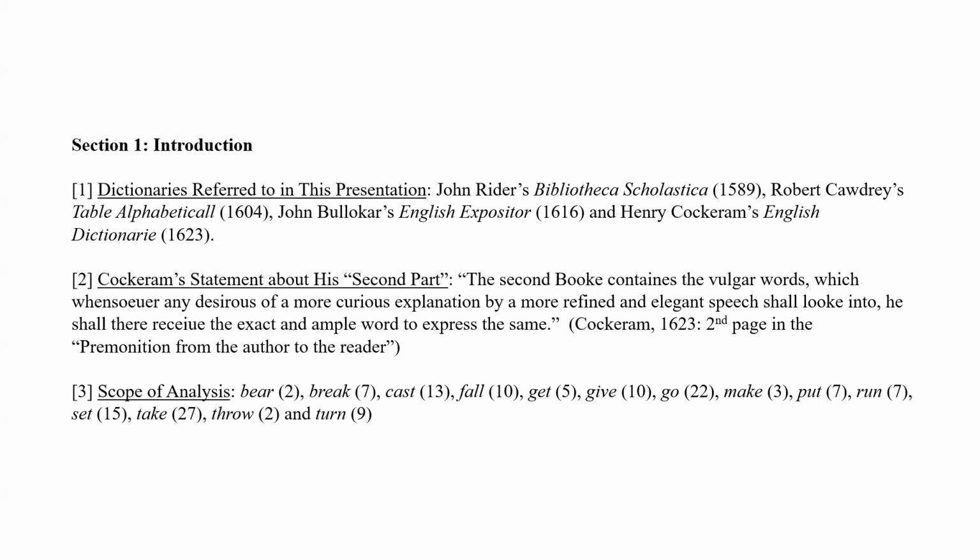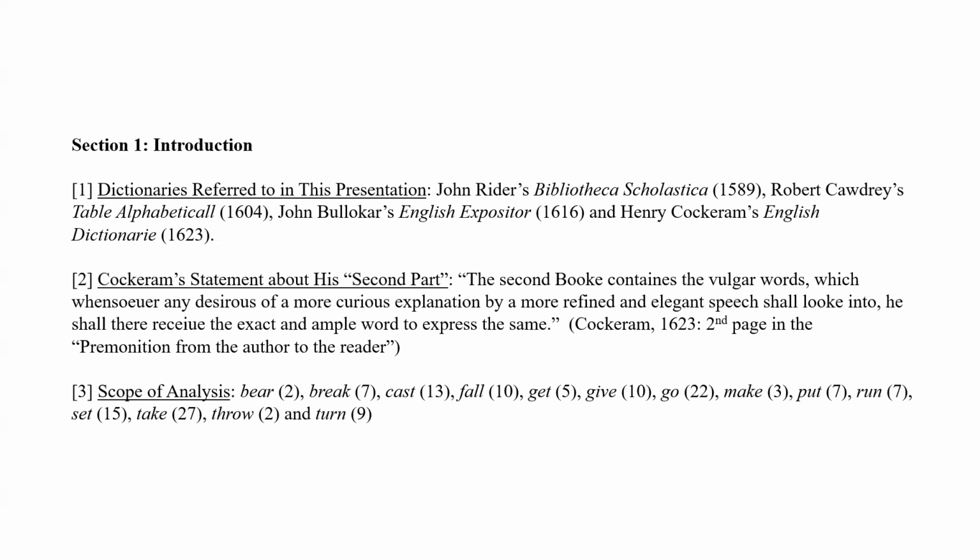This is because when browsing through the second part, we can notice how much Cockeram was interested in the use of such verbs. For instance, he provided 27 entries in succession whose head phrases include the infinitive and inflected form of take, as to take out, to take away, and the taking out of.